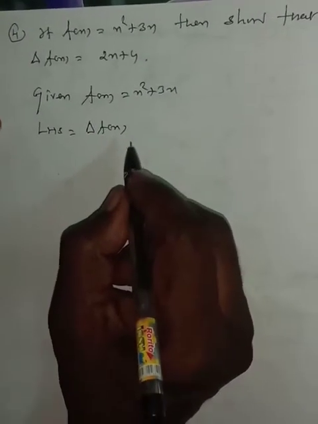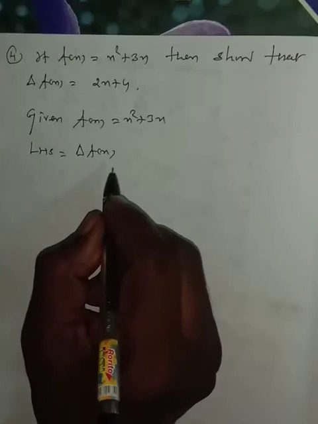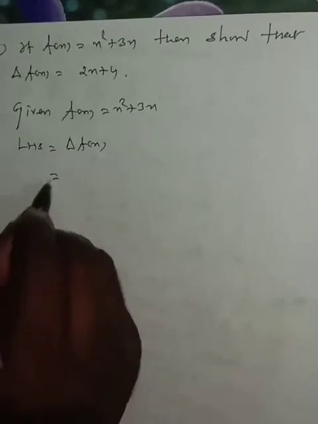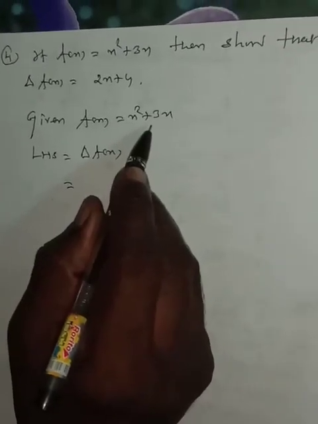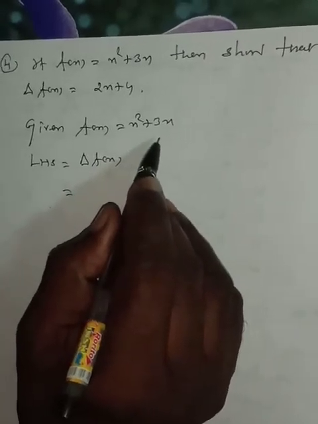We know that delta f of x is equal to f of x plus h minus f of x. So in this case f of x is x square plus 3x.